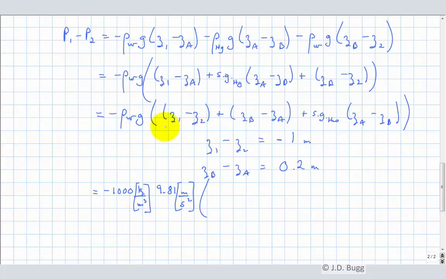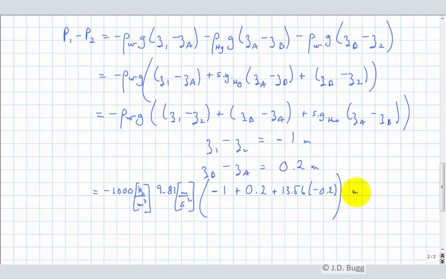So now we're into the parentheses. Z1 minus Z2 is negative 1. We'll put these all in meters. Plus ZB minus ZA is 0.2. Plus the specific gravity of the mercury, which doesn't have any units, but it was given as 13.56, times ZA minus ZB, which is negative 0.2.